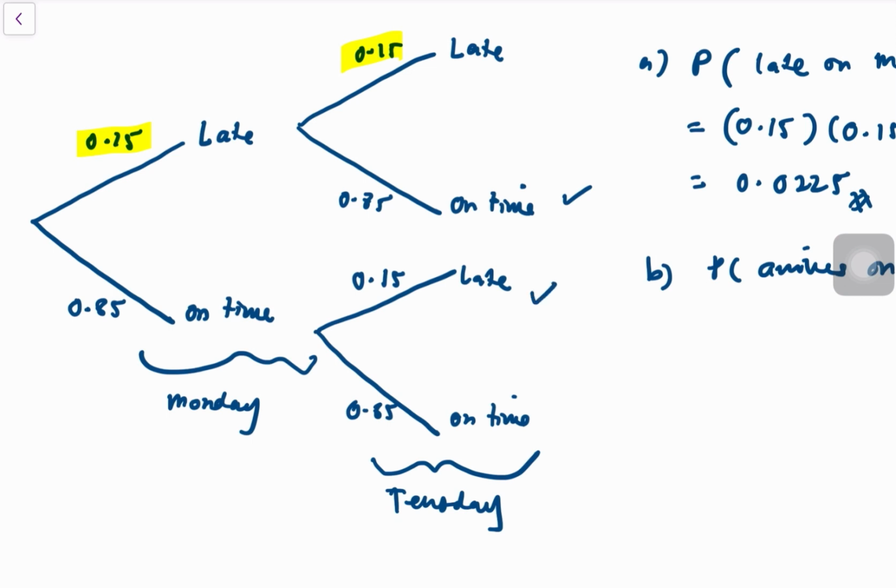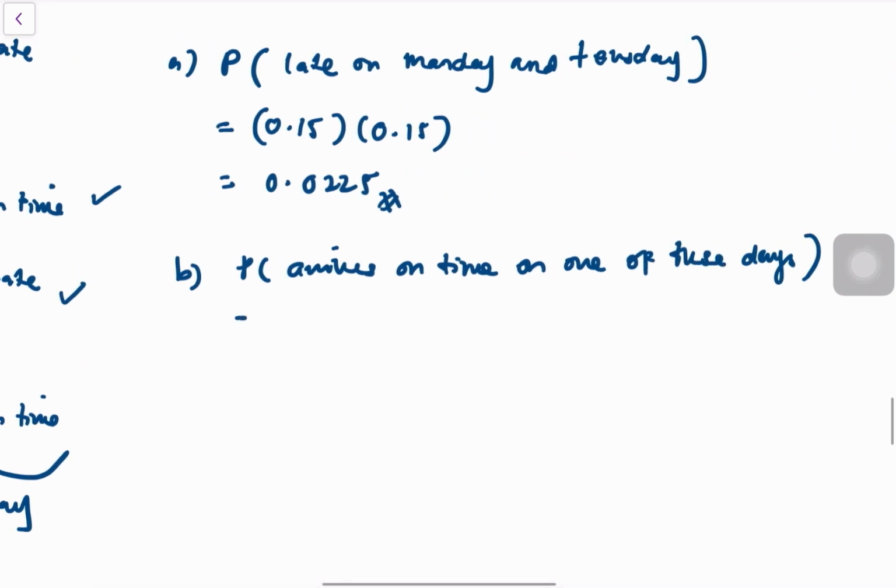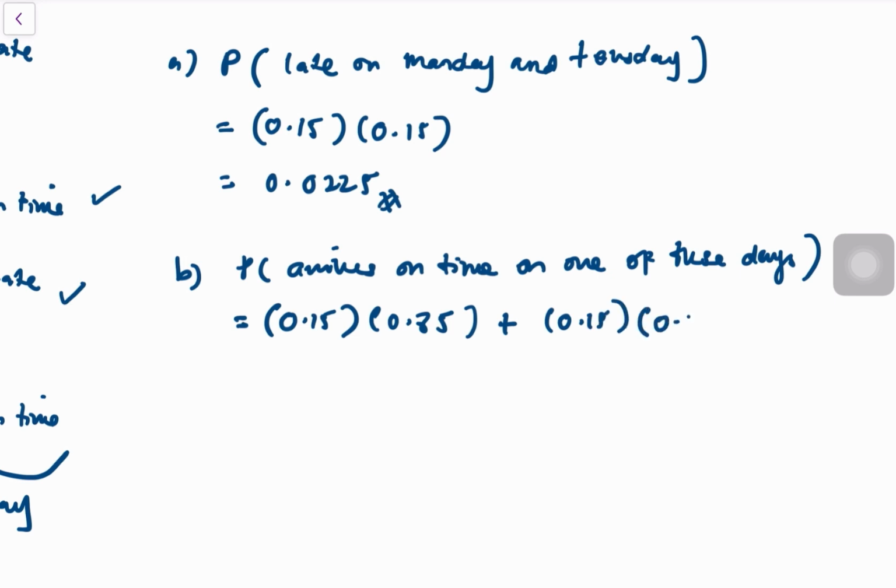This will be equivalent to 0.15 multiplied by 0.85 plus 0.15 multiplied by 0.85. So this will be equivalent to 0.1275 for both. Then this will be equivalent to 0.2550.